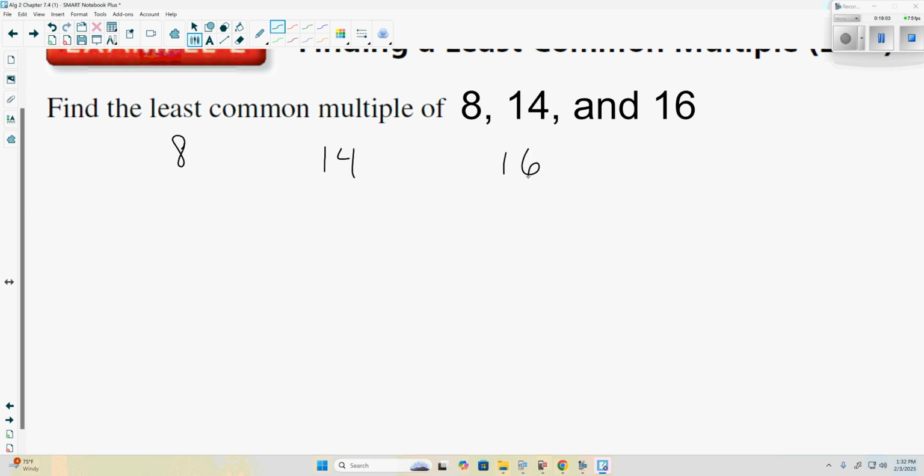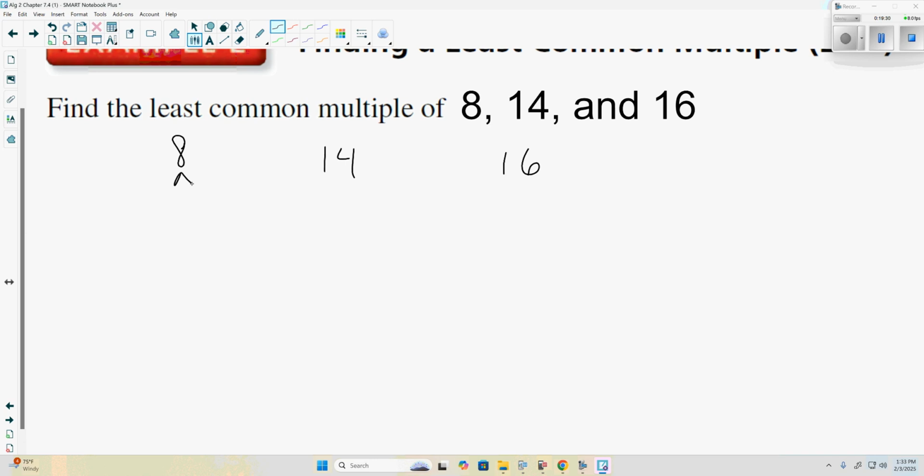The other method revolves around factors, the prime factorization of these numbers. We're going to go back to, I think, probably middle school. We're going to do factor trees. We're going to factor tree each one of these to the prime factorizations. We always start with our small prime numbers. We're not going to use 1 because 1 is not a prime number. So 2.